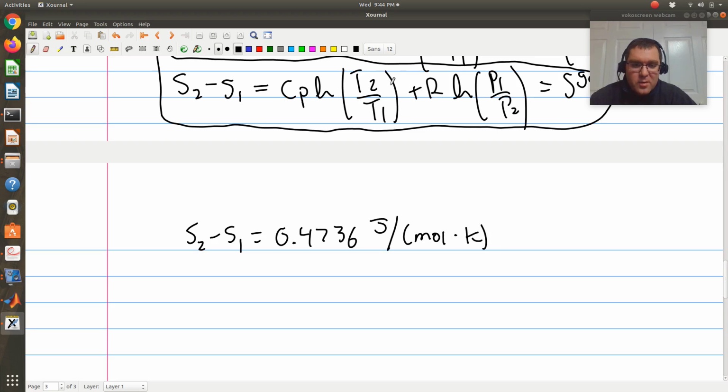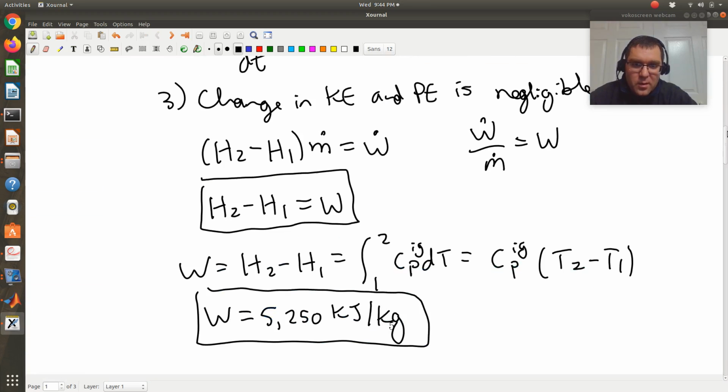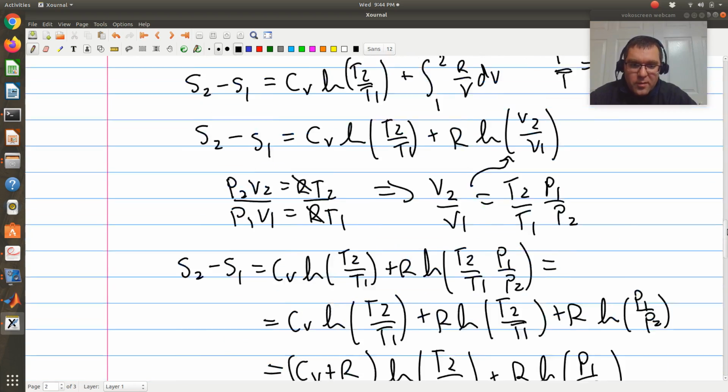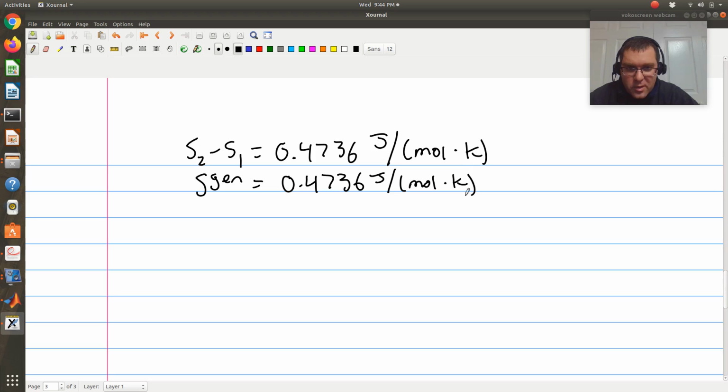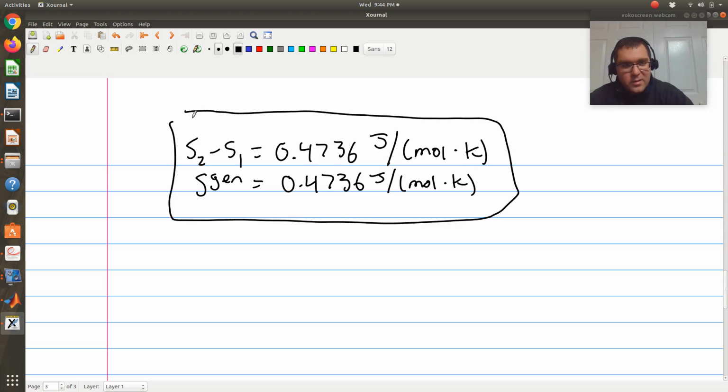It's going to be the same units as Cp, which are the same as R. Cp is joules per mole Kelvin. And so S gen is equal to S2 minus S1, so it'll be equal to 0.4736 joules per mole Kelvin. So S gen is positive. That's good. That tells us that our process is irreversible.